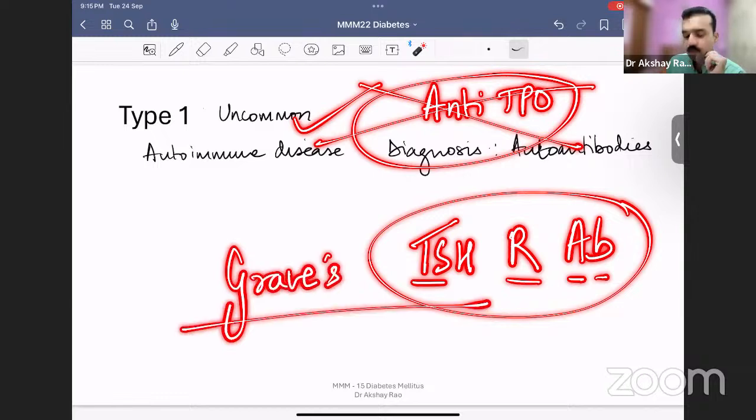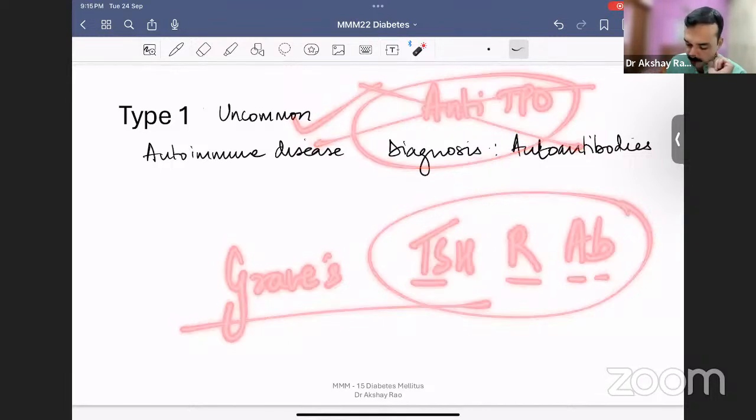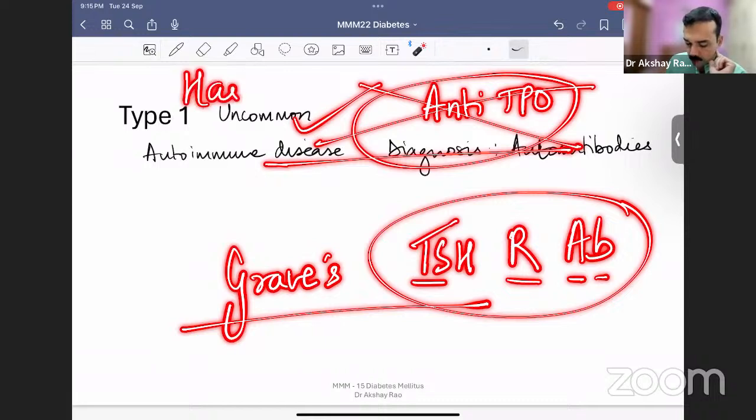In Graves disease, the TRAB antibody is actually responsible for the pathogenesis and can be used for diagnosis.